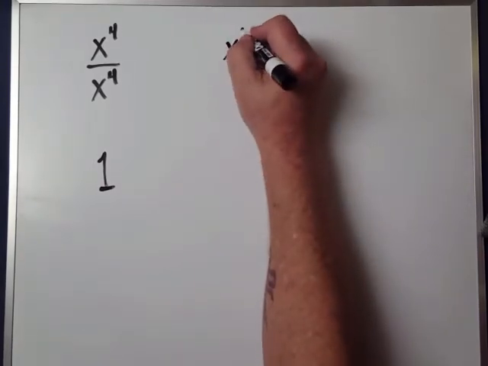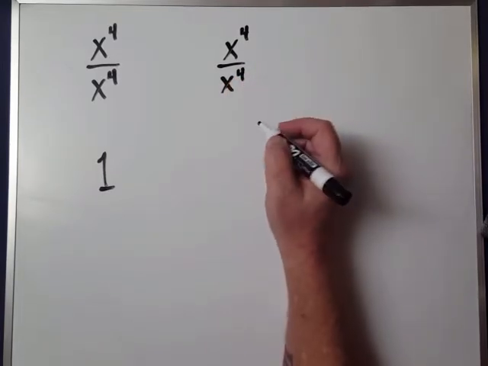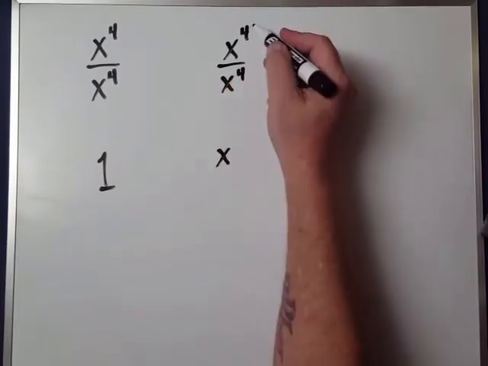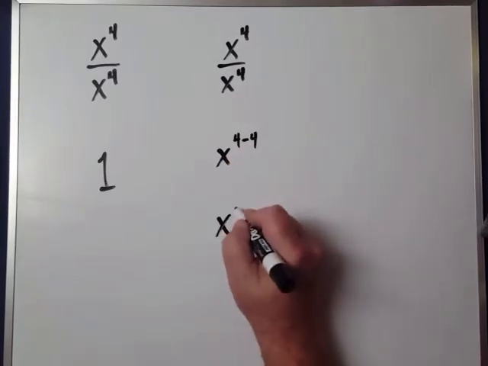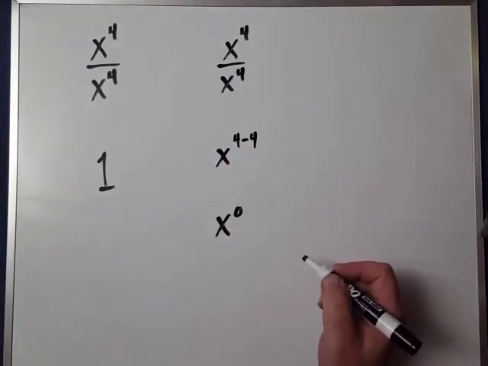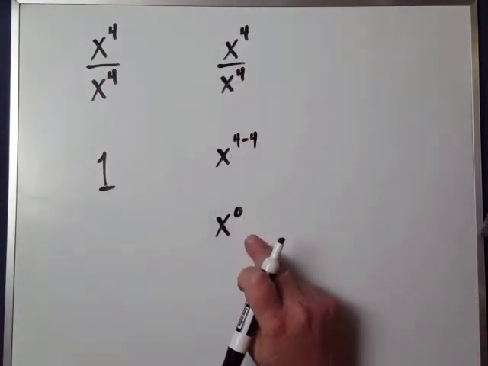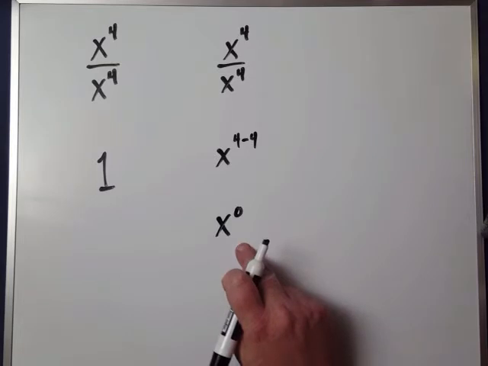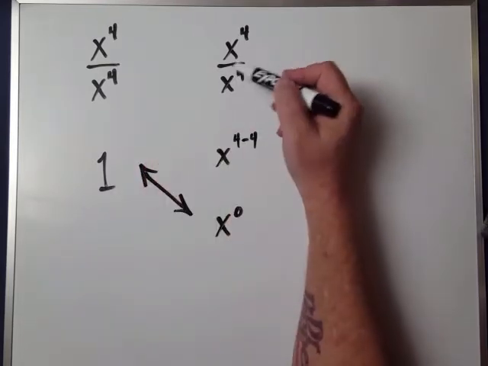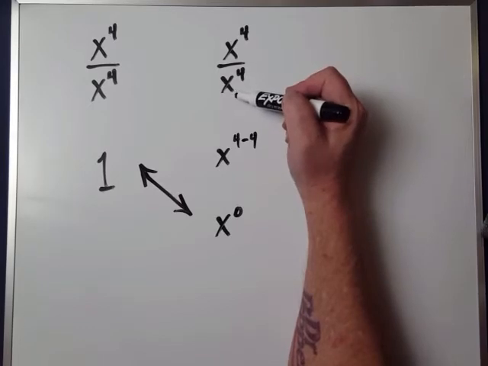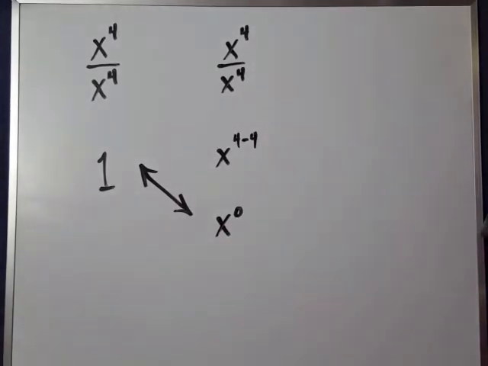But in the light of our quotient rule, we could say what? That this is x raised to the 4 minus 4, which is x to the 0. Well, if this is equal to 1, and this is also x to the 0, then x to the 0 must be equal to 1. Of course, x itself could not be 0 because of where this comes from. That would give me a 0 in the denominator.